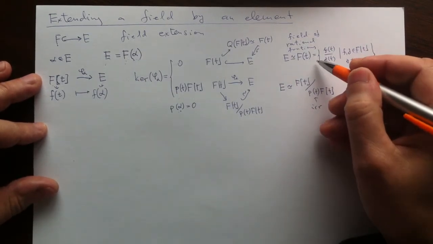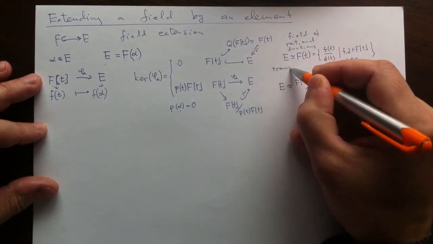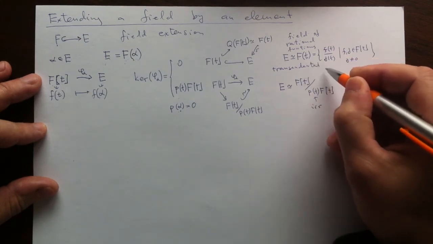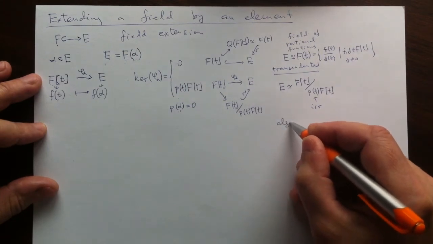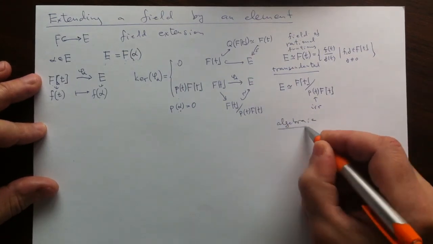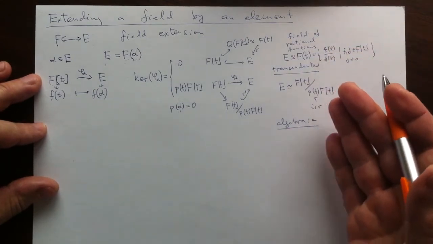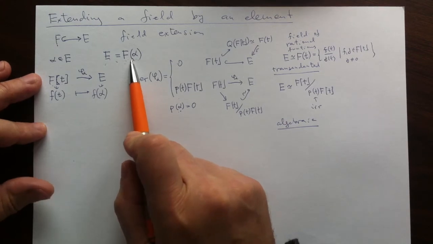So the first case is called transcendental extension, and the second is called an algebraic case. And that is a dichotomy inevitable for any extension by a single element.